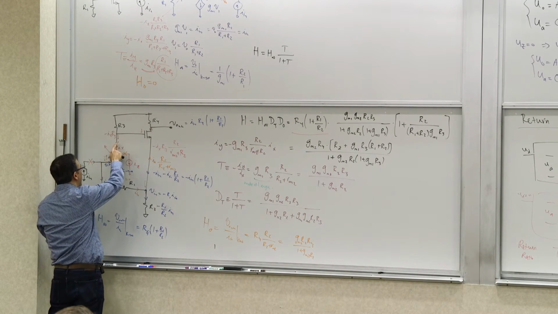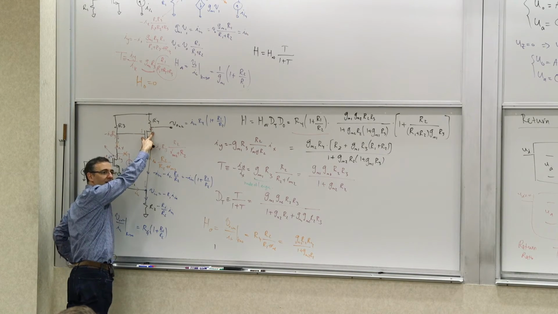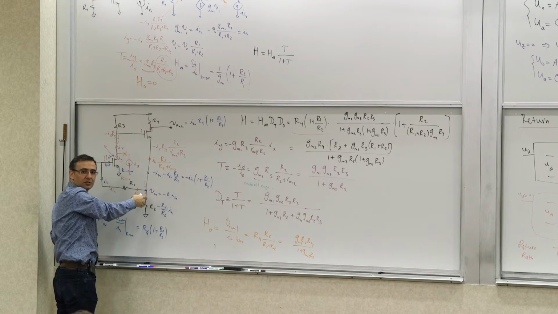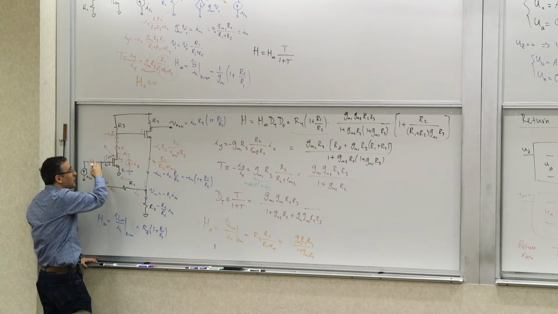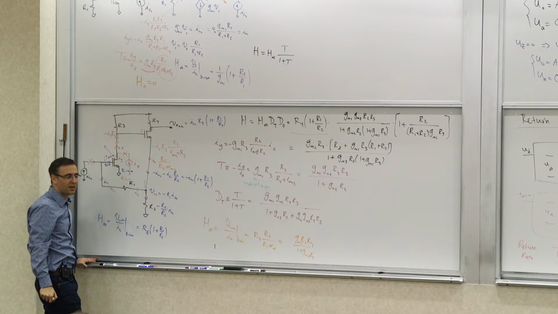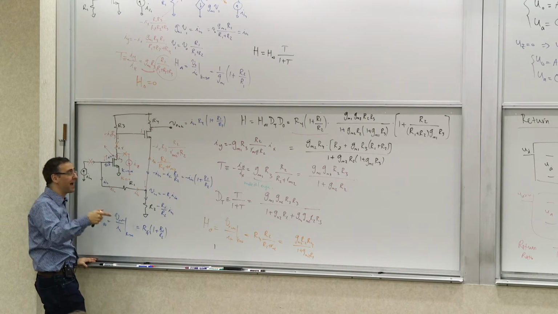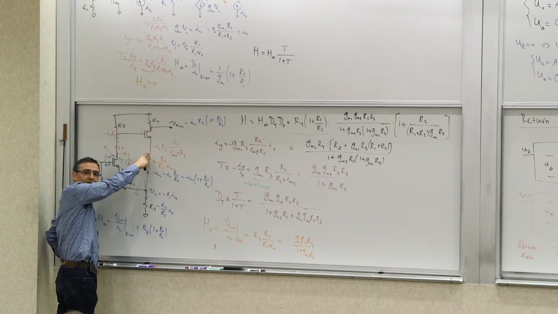So from this path, the signal gets from here to there, and then from here to there. It's a common emitter, or actually, a common source with source degeneration, right? So as far as the forward path is concerned, this is a common source. Now, for the return ratio calculation, in the feedback loop, when we went from here to there, that was a source follower or common drain, right?